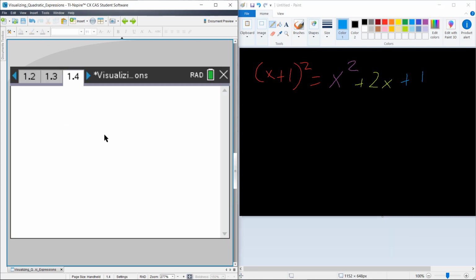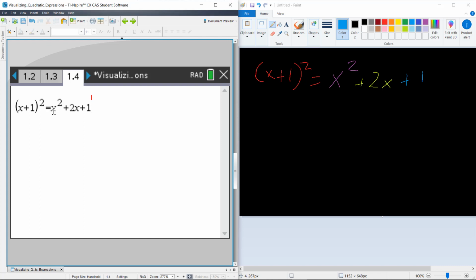I'm going to insert a calculator page. On this calculator page, let's just type in the expression over here that we have on the right to see that we did our algebra correctly. So let's type this in. We're going to type in x plus 1 quantity squared, then the equal sign, and x squared plus 2x plus 1.